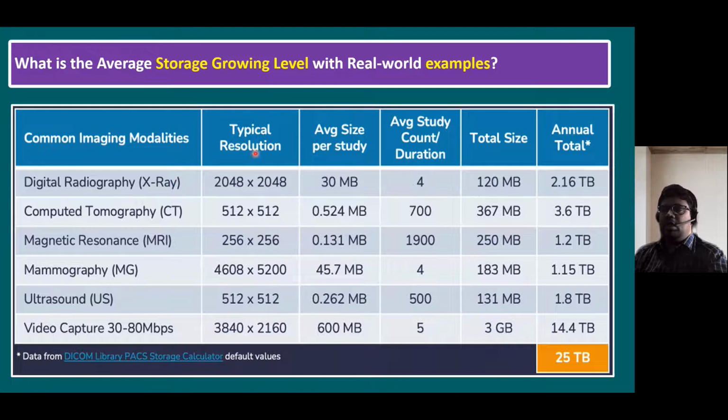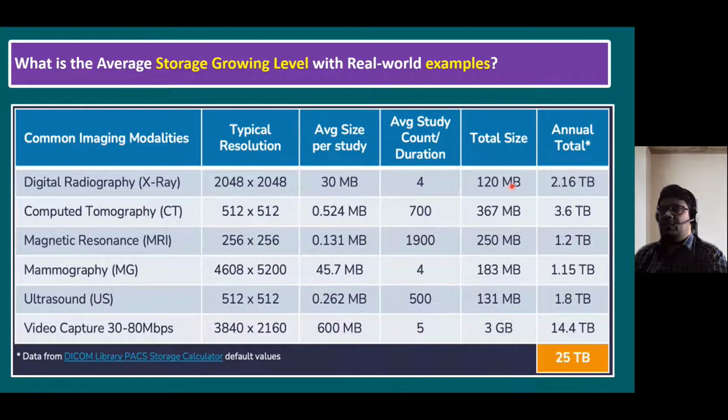The typical resolution is 2048 by 2048. The average size per study, one X-ray, is a 30 MB file, and the average study count per day is around 4 X-rays, so the total size is equivalent to 120 MB.